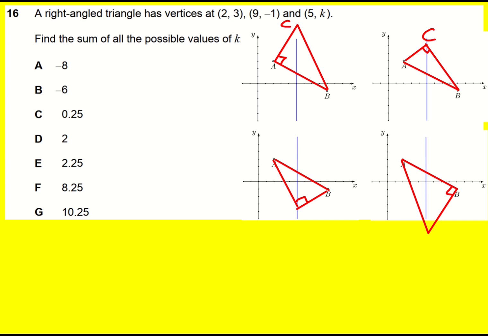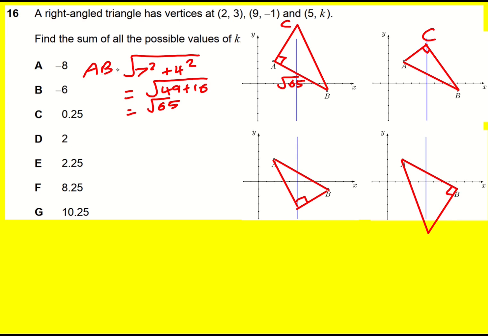Let's work out length AB first of all. So it's the difference, 2 to 9, so 7 squared plus 4 squared, square rooted. That's root 49 plus 16, root 65. So that is AB. Let's do AC.